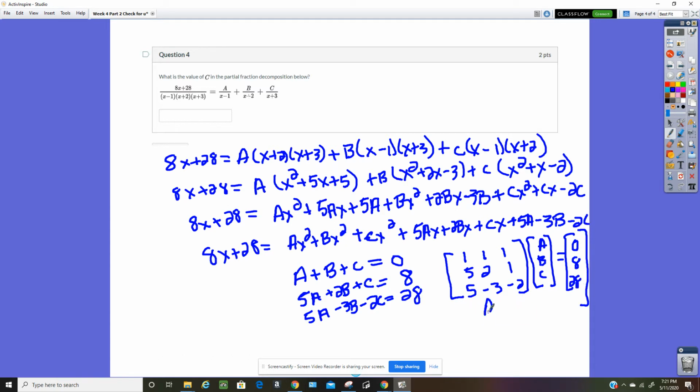So this is matrix A, this is matrix X, B, and then I just want to do A inverse times B on the calculator to find out what these three values are here. Go ahead and stop this here.